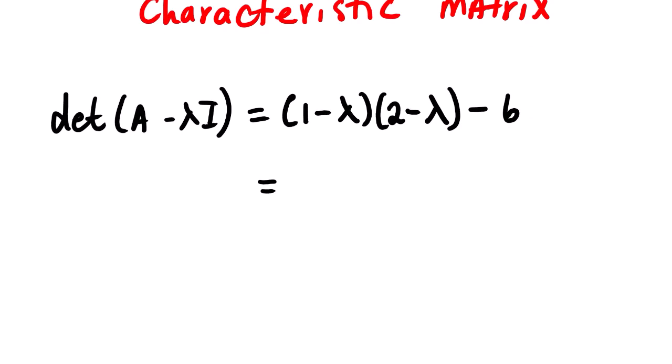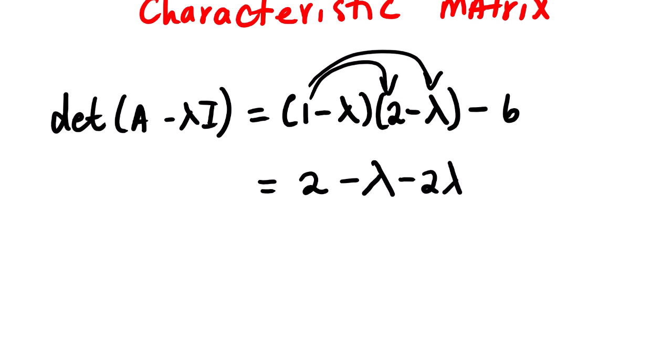From here we can go ahead and distribute. We have 1 multiplied by 2, it's 2. 1 multiplied by negative lambda, it's negative lambda. Negative lambda multiplied by 2, it's negative 2 lambda. And then negative lambda multiplied by negative lambda is positive lambda squared, minus 6. Then we have lambda squared. You can see that these are like terms.